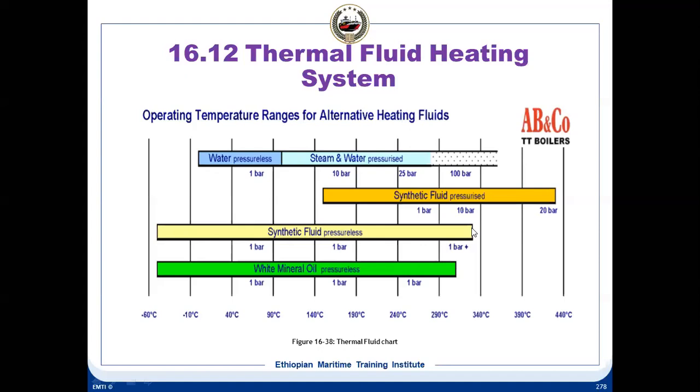But here in this graph, we are talking about the properties of these fluids. And what you're talking about is system design, that the pumping pressure or the throughput of your pump will vary upon the design of your system on board.